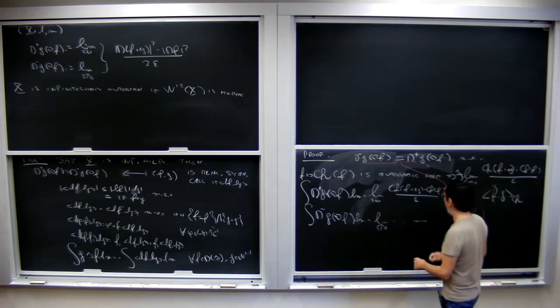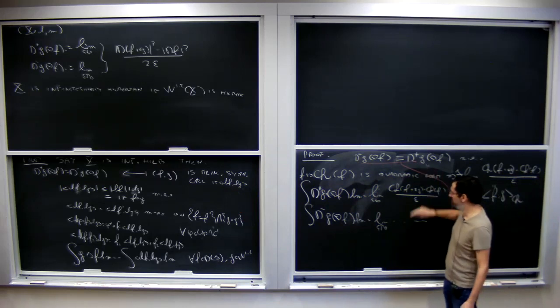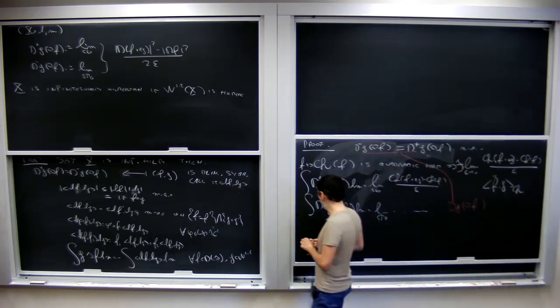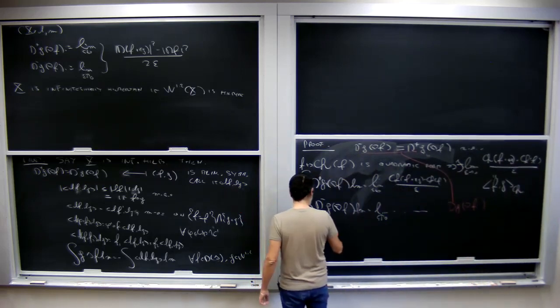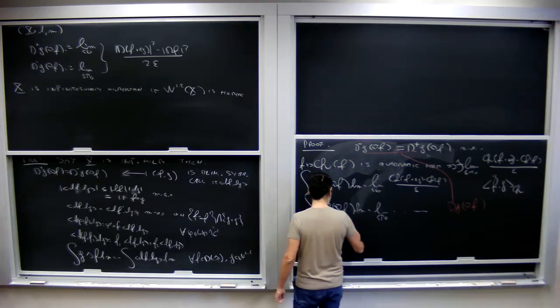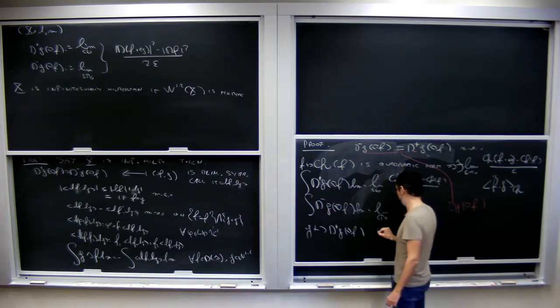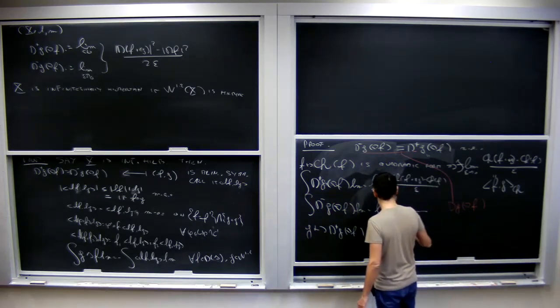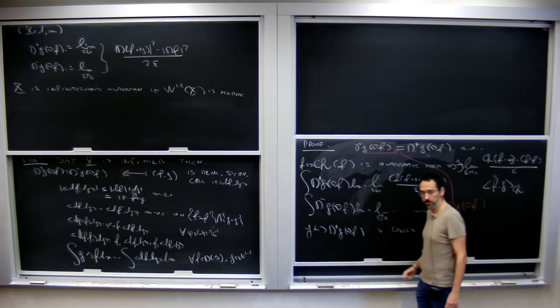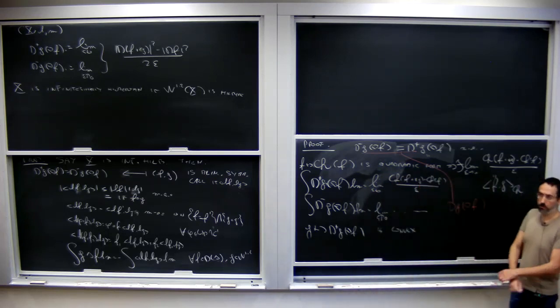Now notice the following. Even before knowing this, the map that takes g and returns d plus g nabla f, I claim that this is convex. If you think for a moment, convex in the almost everywhere sense.